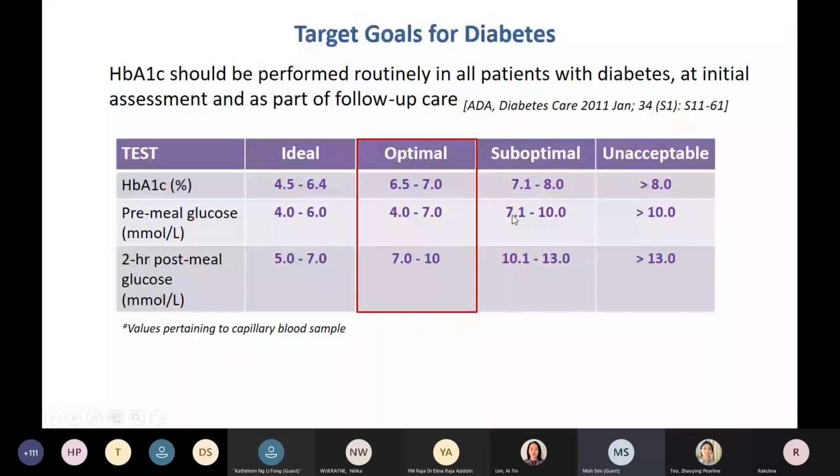This will give a patient who is consistently monitoring blood glucose levels an idea of what the HbA1c will be when they see the doctor at 3-month or 4-monthly intervals.